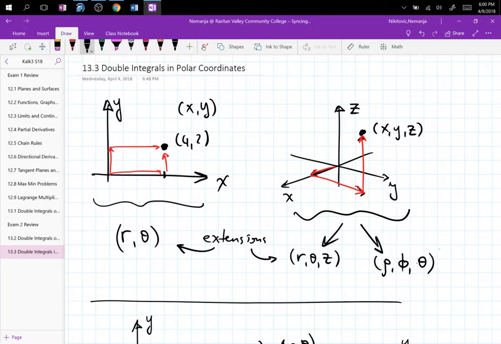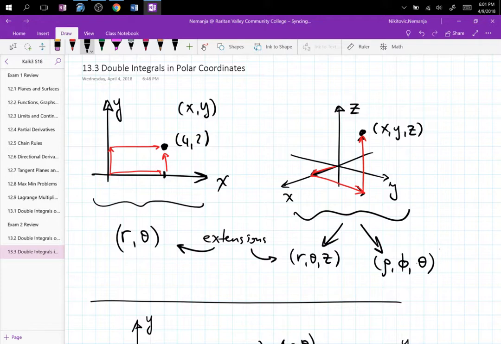What we see here are the rectangular coordinates, called that because we move in a rectangular fashion to go from the origin to a point.